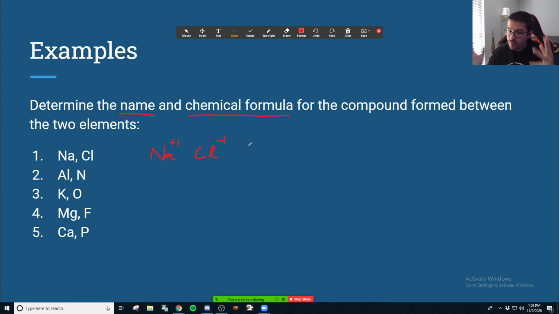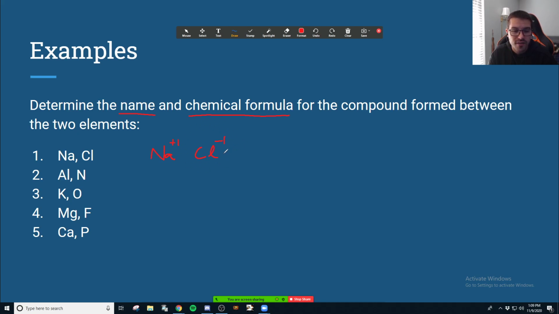Now this is the tricky part. Step 3: we have to determine the ratio of these that gives us an overall charge of 0. In other words, how many sodiums do I need to cancel out the charges on chlorine?